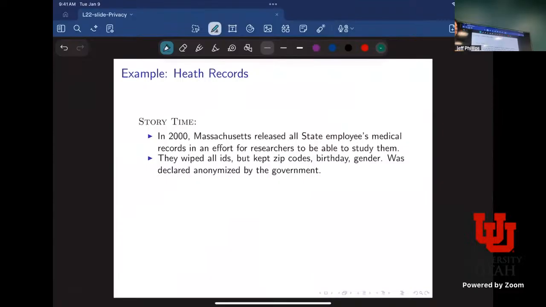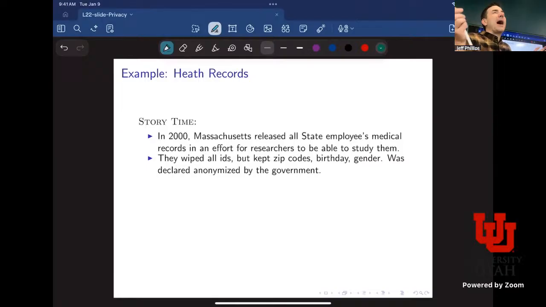Said, well, we don't want to give out all the individual information. So we'll be careful about it. We'll wipe out the IDs, but we want to understand where they live, how this affects their health, right? If they live near the coast or near a factory, is this going to change?